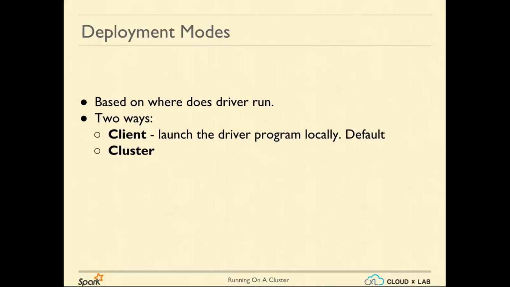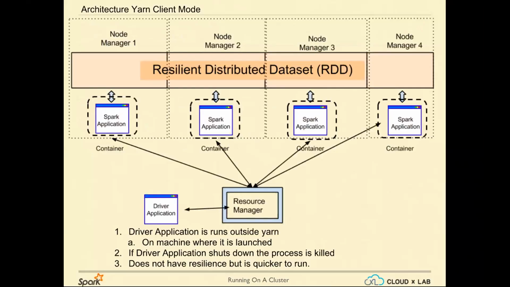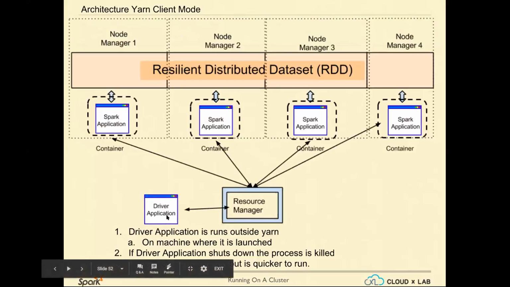Okay, so the client mode launches the driver program locally. This is the default behavior. The second one is the cluster mode, in which the driver is running on one of the worker machines inside the cluster. So here, this is the driver application, this is where the user is.